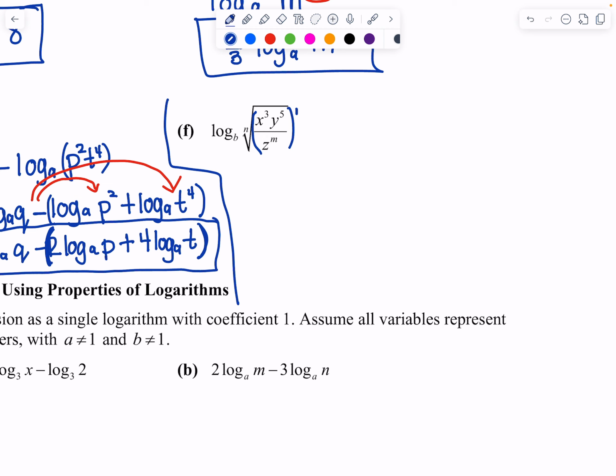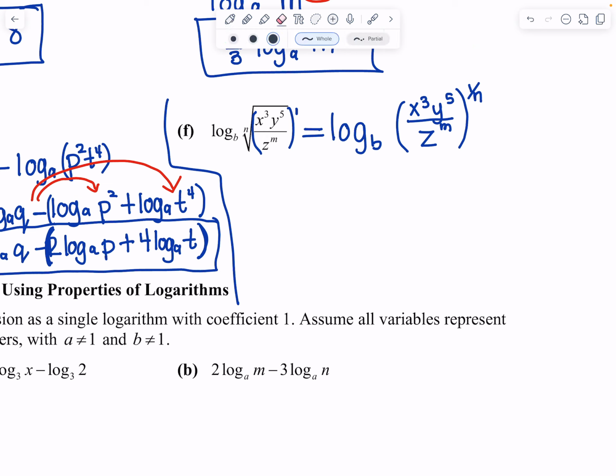You take whatever this exponent is, put it over the root. So it's always exponent over the root. So when I write this, this is what it looks like. Log base b, all of this underneath, x to the third, y to the fifth, all of that over z to the m, raised to the 1 over n. Okay?